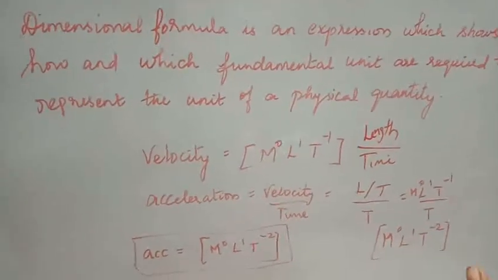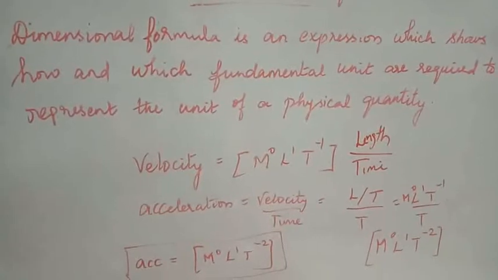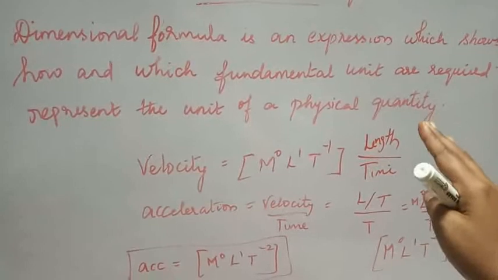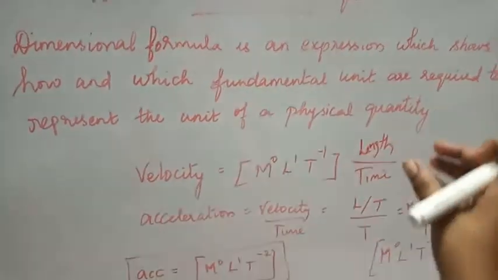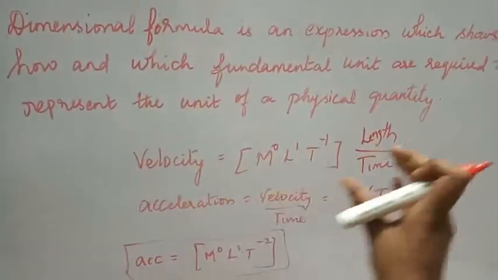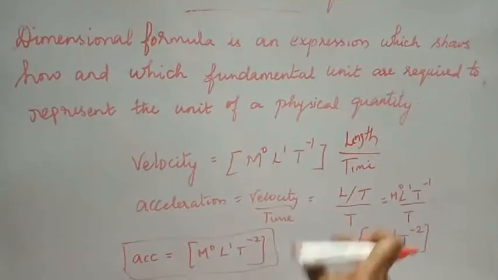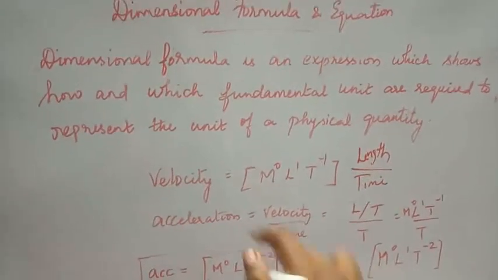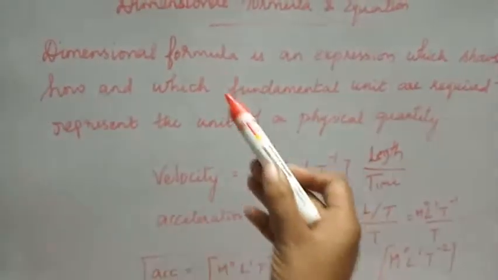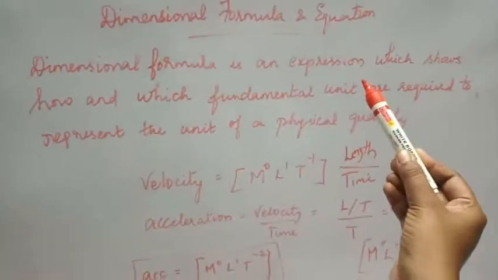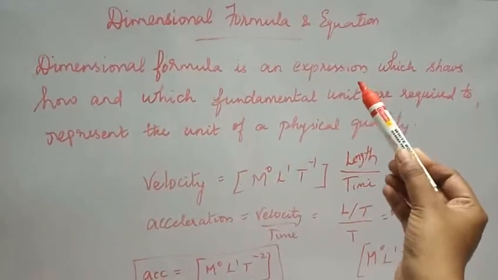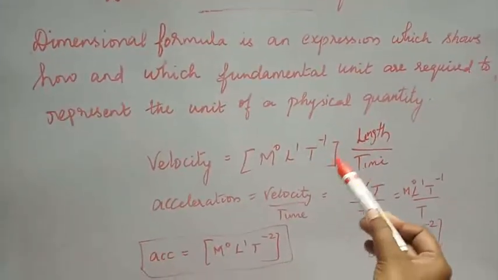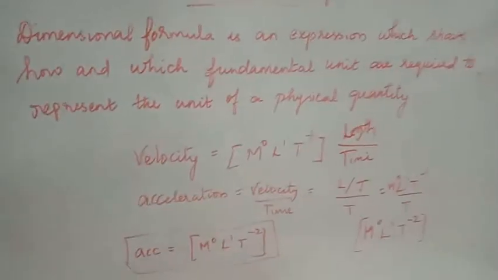We can understand this from the dimensional formula, and how it is related: length in the numerator and time in the denominator. This is how the quantity is measured. You can understand this using the dimensional formula itself. So what is the dimensional formula used for? A dimensional formula is an expression which shows how and which fundamental quantities are used to represent this particular quantity.